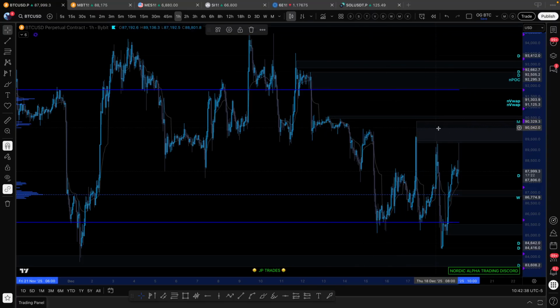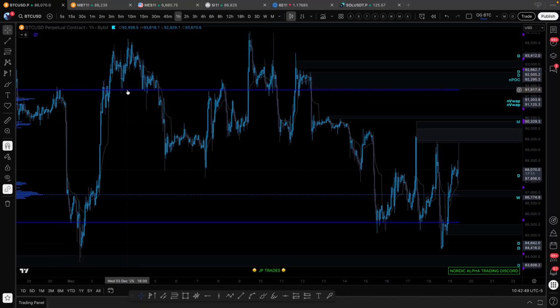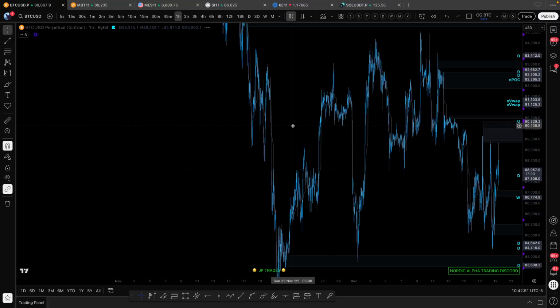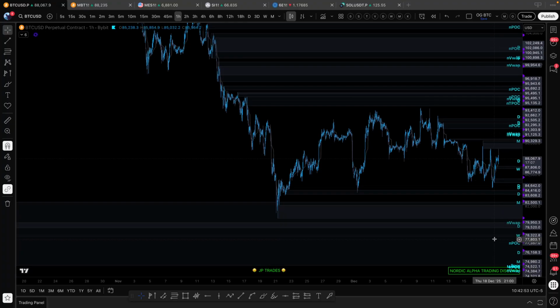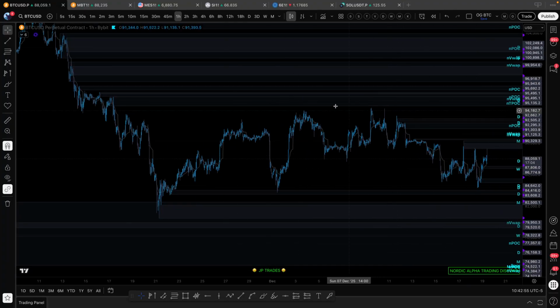All of these areas need to be swept, in my opinion. The short participants need to start being punished at some point. And if they aren't, then that's a clear sign that we are about to head down in a much bigger way, because the short participants or the bears are remaining in control.